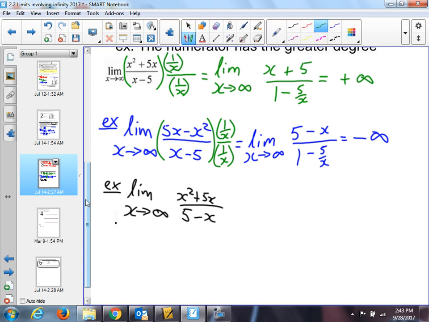Do the same thing, because I'm just doing variations of the same function. When I do that, once again choosing from the denominator, we get 1 plus 5 over x.